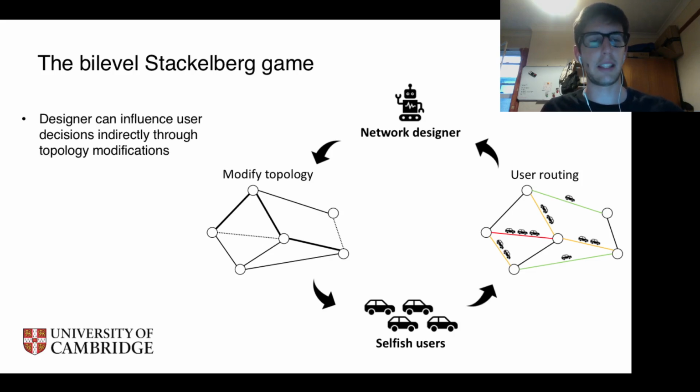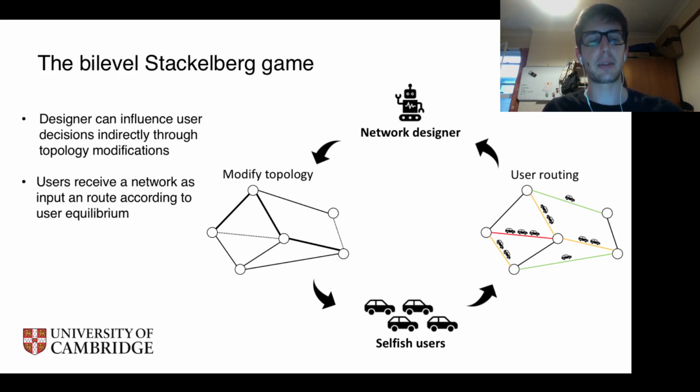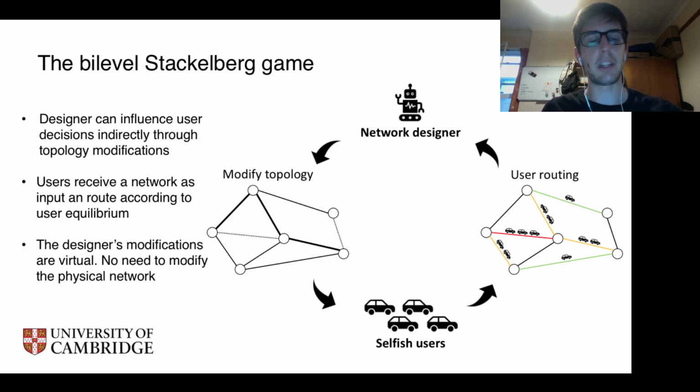So the designer can influence users through these indirect modifications, and the users receive this network and then route. We consider these modifications only as virtual. So they are shown only to the users and are not actually physical modifications, and this is a great thing because we can achieve our results without even needing to modify the network.